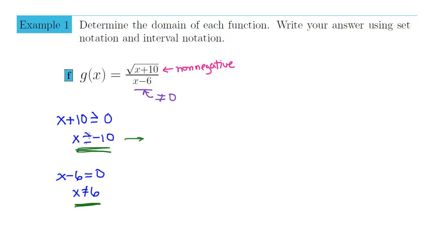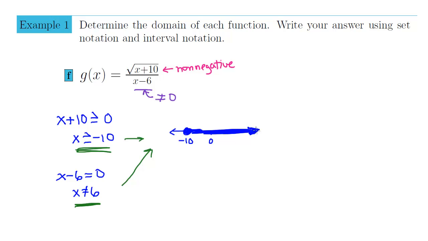First, x has to be greater than or equal to negative 10. And secondly, x cannot be 6. What are we looking at? Well, let me start by drawing a number line. And this will help me to see the actual set of x values that are part of our domain. x is greater than or equal to negative 10. So that means all values that are greater than or equal to negative 10. That's this set right here.